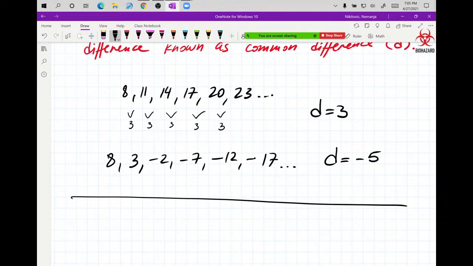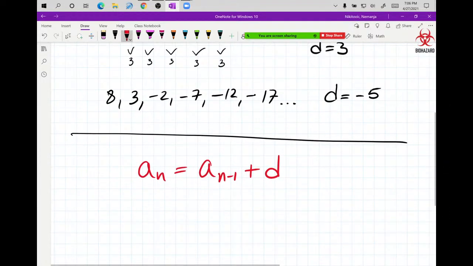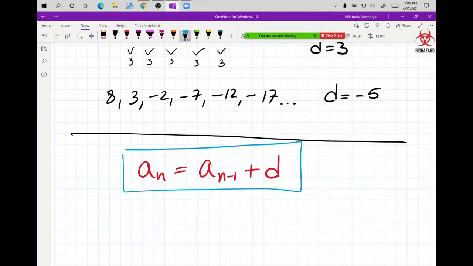Now, in a sense, this is recursion, right? Because a_n is equal to the previous term plus the common difference. You are using the previous term to build the new term, what I called old and new.